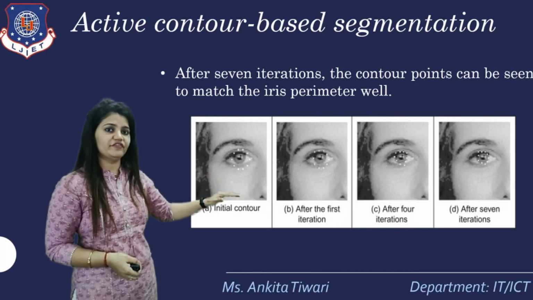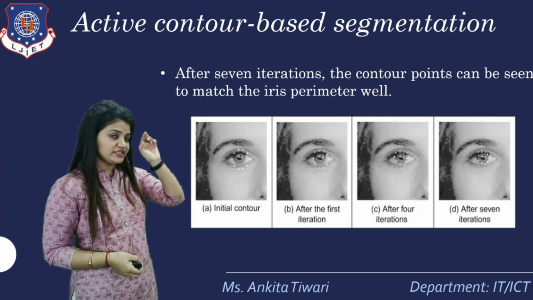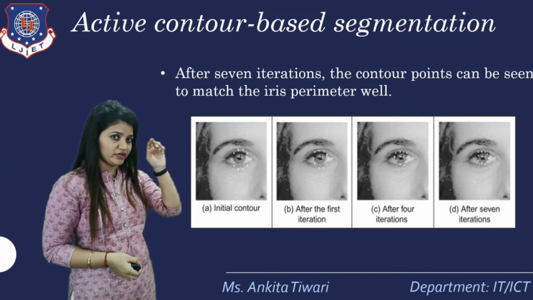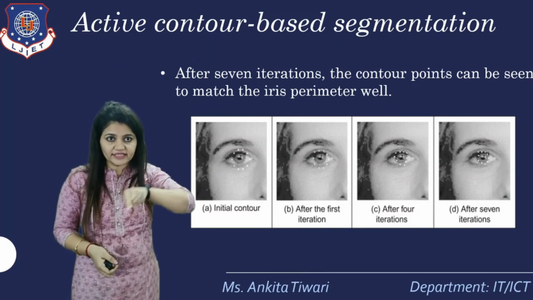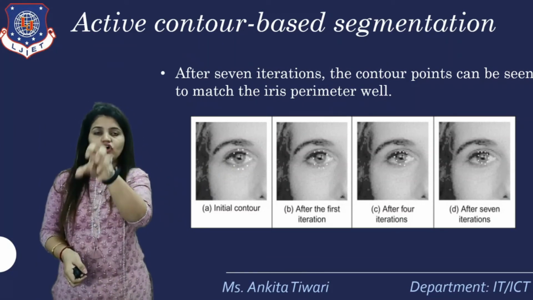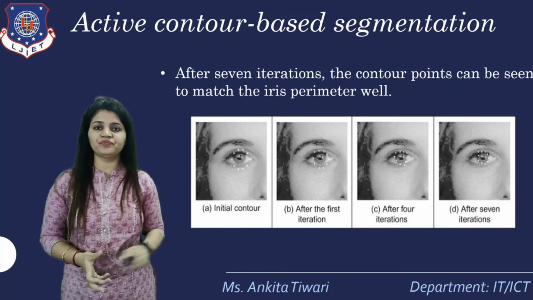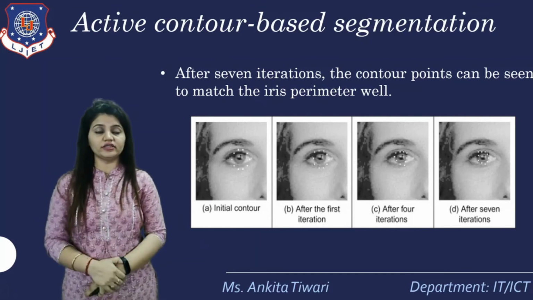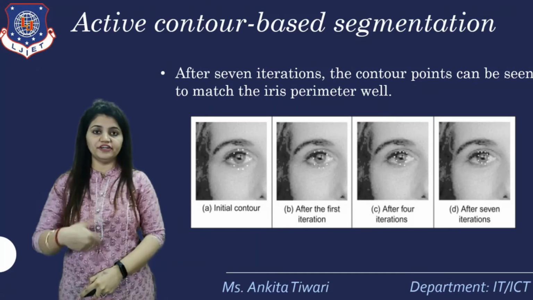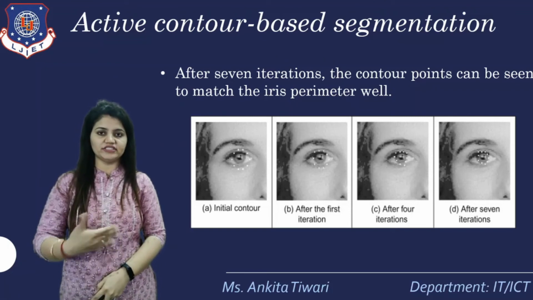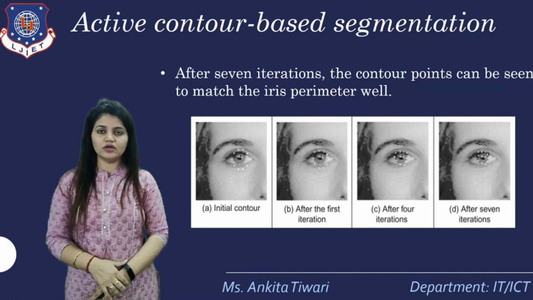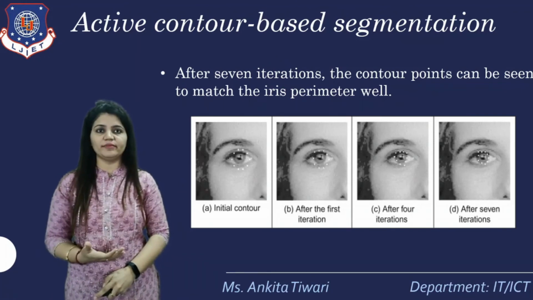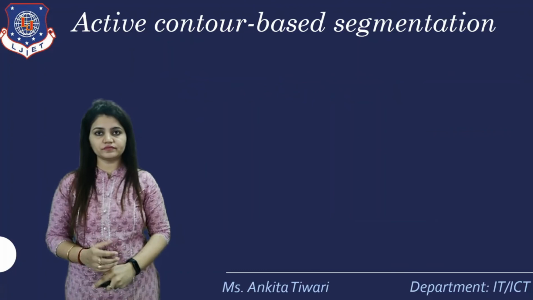After 4 iterations, the points are totally on the boundary, and after 7 iterations, it lies exactly on the iris pattern itself. These are the active contour based techniques that we use, taking first iteration, second iteration, third, fourth, and so on. So this is active contour based segmentation.